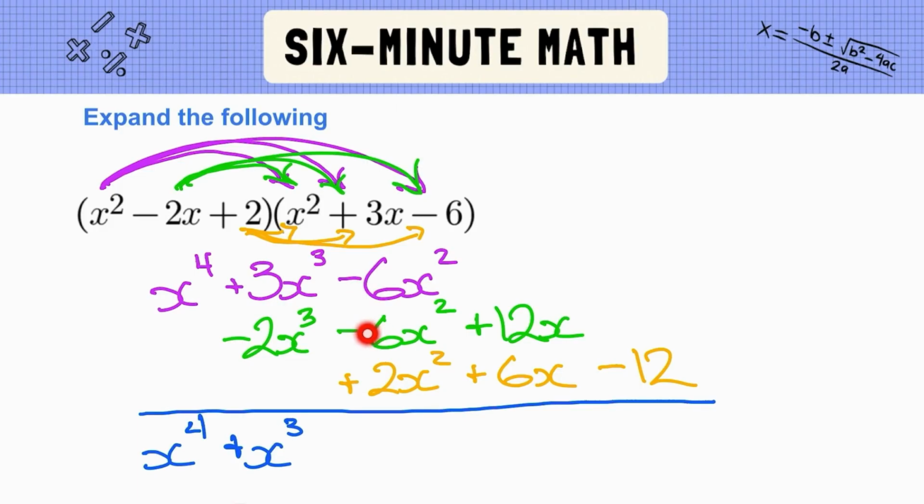Negative 6 minus 6 is negative 12, plus 2 is negative 10x squared. 12x plus 6x is positive 18x. And then I have a negative 12 by itself for a final answer.